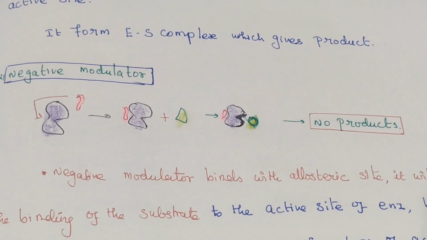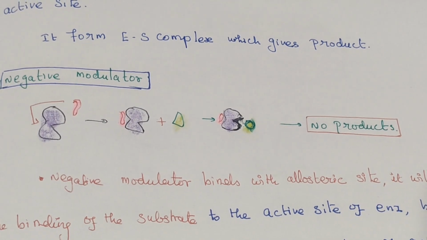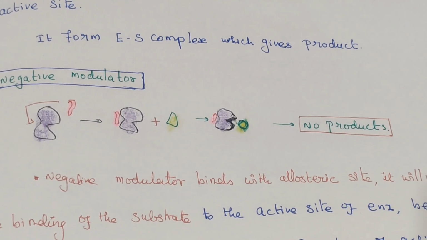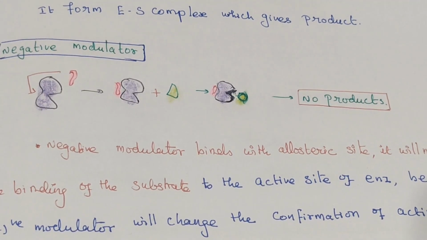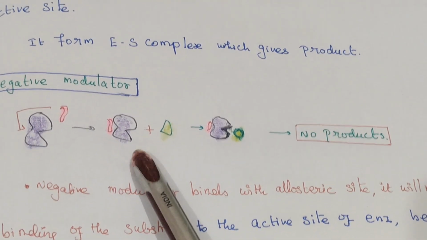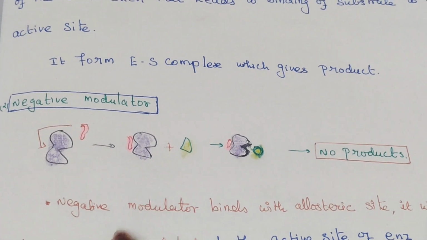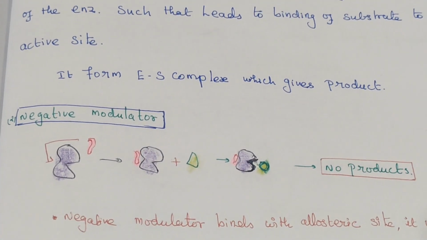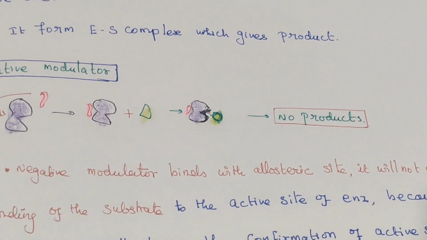Coming to enzyme activity in the presence of a negative modulator: when the negative modulator binds with the allosteric site, it will not allow binding of the substrate to the active site of the enzyme, because the negative modulator changes the conformation. So here the enzyme substrate complex is not formed, and for that reason there is no product.